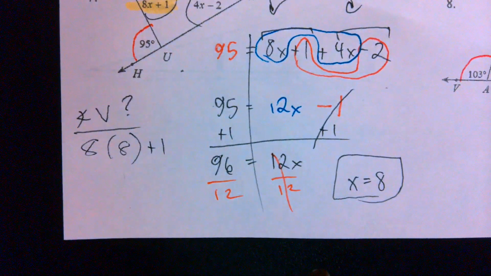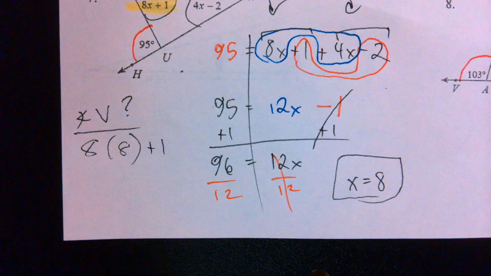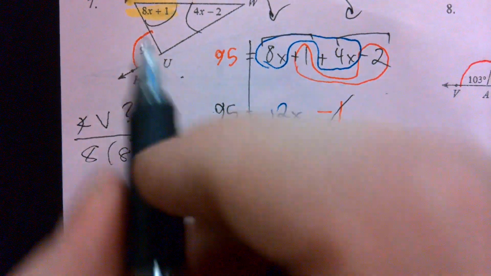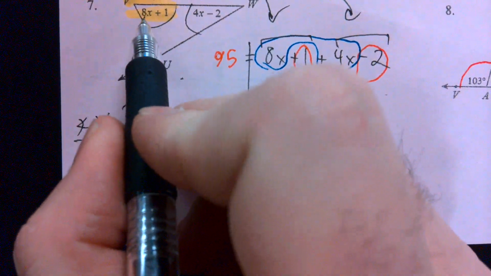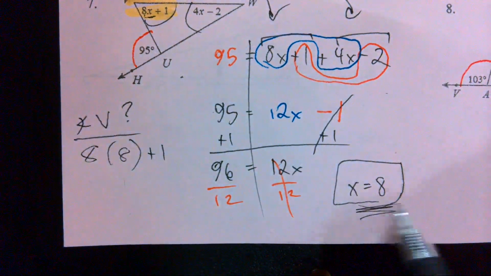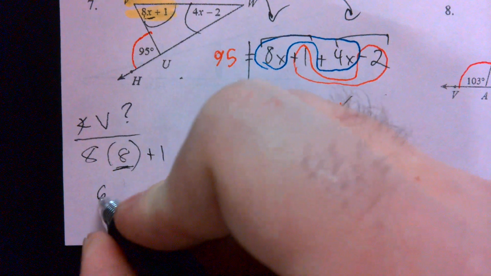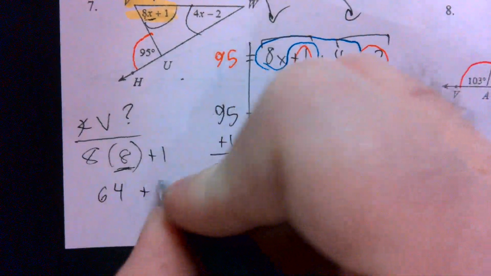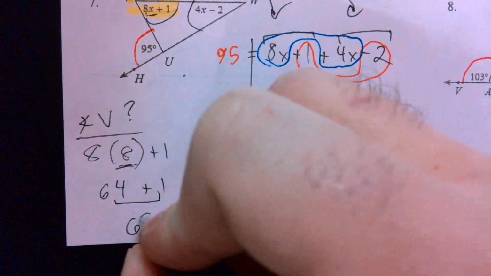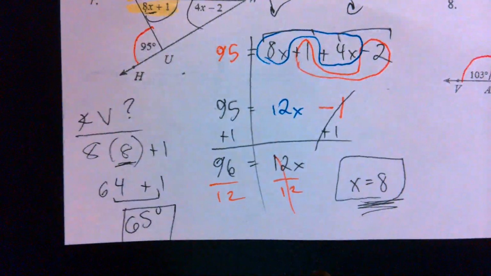So 8x plus 1 turns into 8 times 8 plus 1. Everybody with me there? We took the highlighted expression and plugged in the x we just found. What is 8 times 8? 64. That's right. Plus 1 gives me 65 degrees.